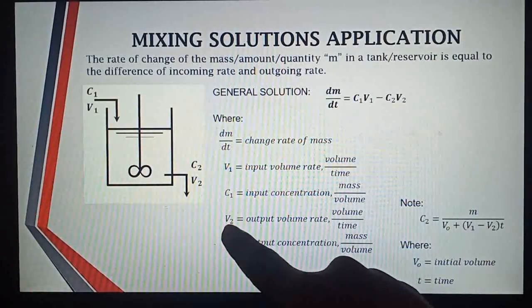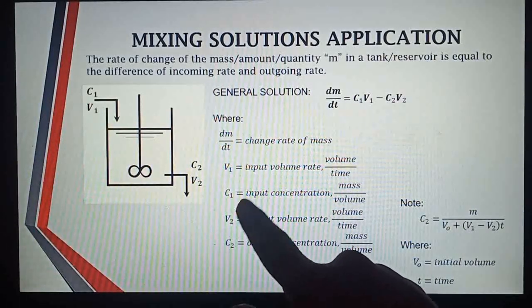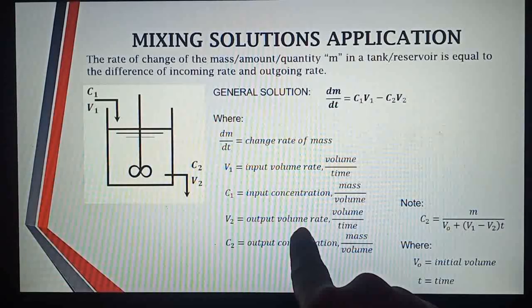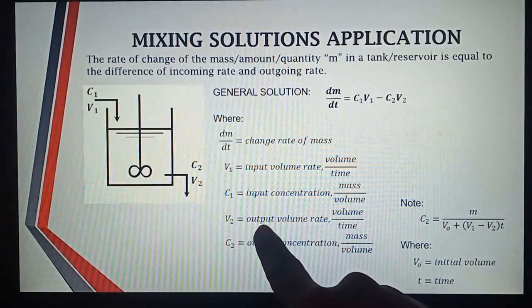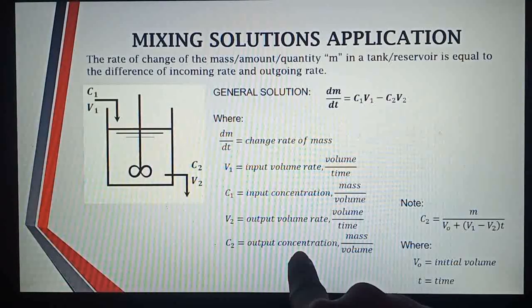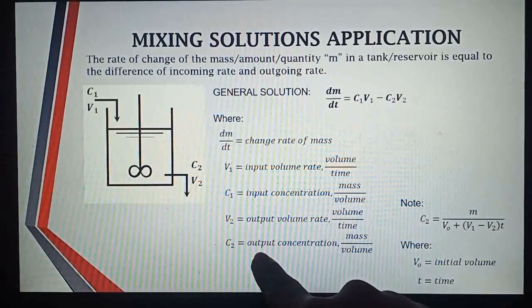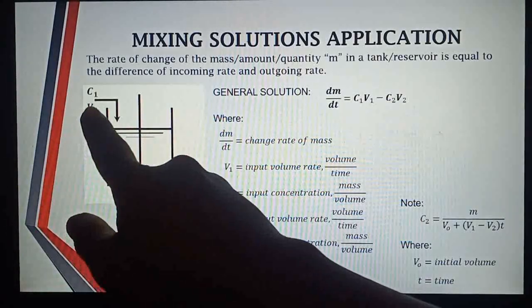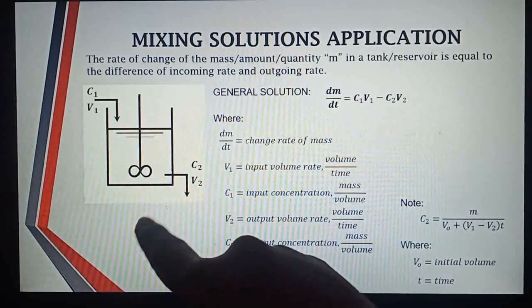Now we also have V2 and C2. V2 is also a volume rate, with 2 for the output. C2 is also a concentration, and 2 is also for the output. So for the designation, you will have 1 for the input, then 2 for the output.